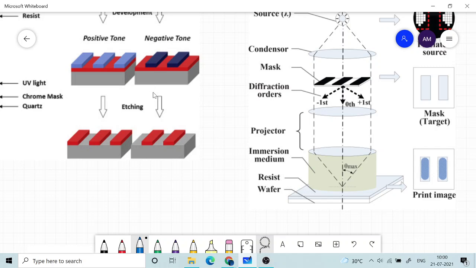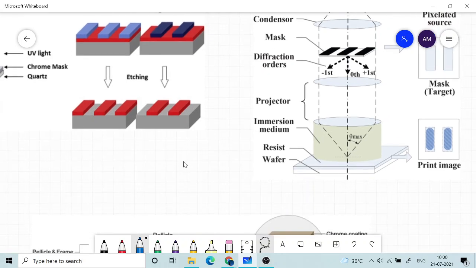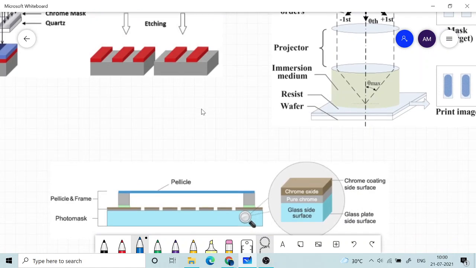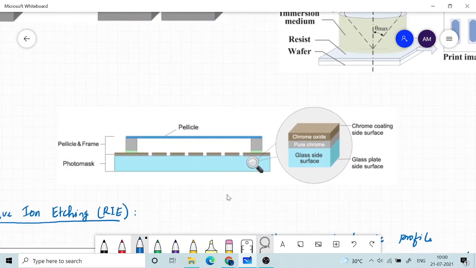We created the pattern, so depending upon positive resist or negative resist, we have created a pattern on the photoresist, not on the metal layer or the polysilicon layer, but ultimately our goal is to transfer that pattern into the metal layer. For that we need another process which is called etching. We will come into that in a moment.